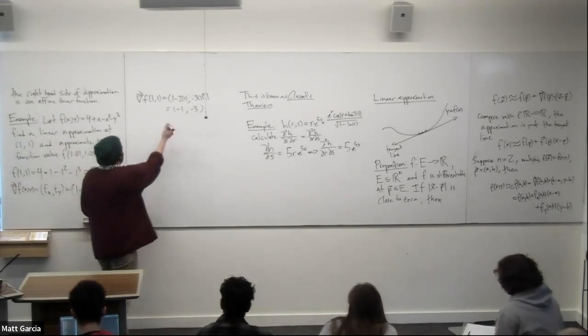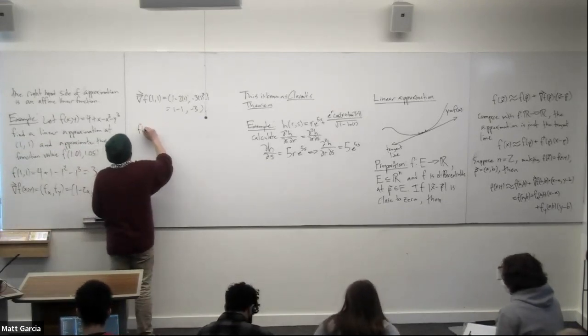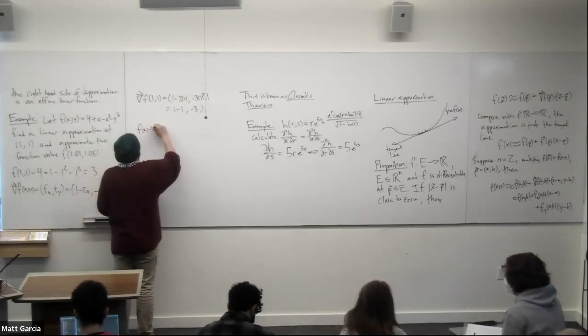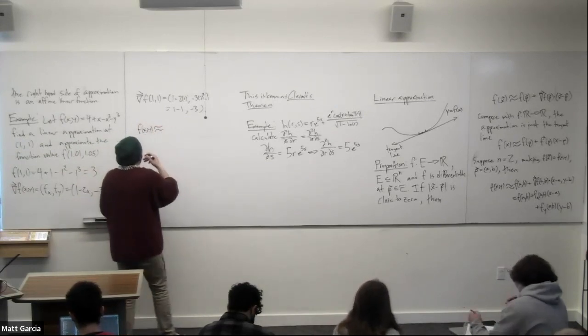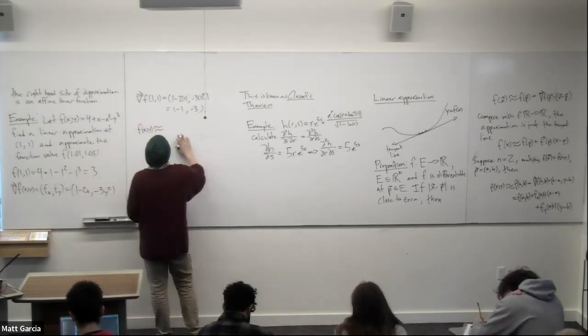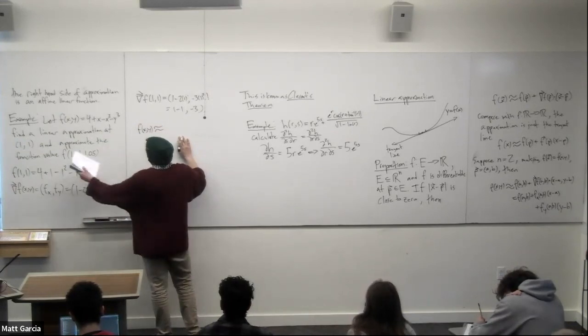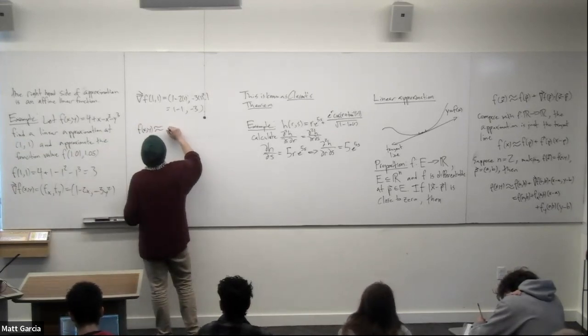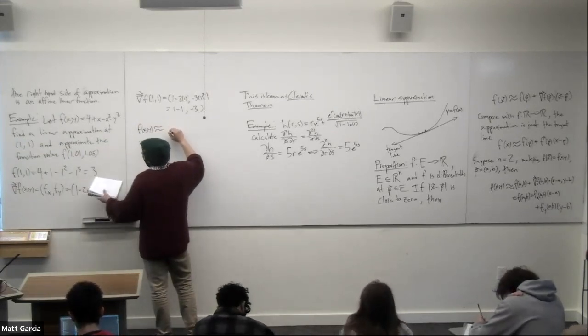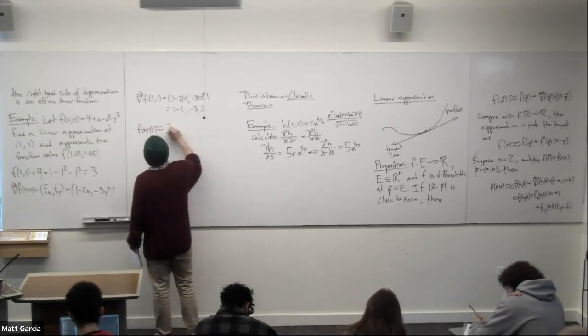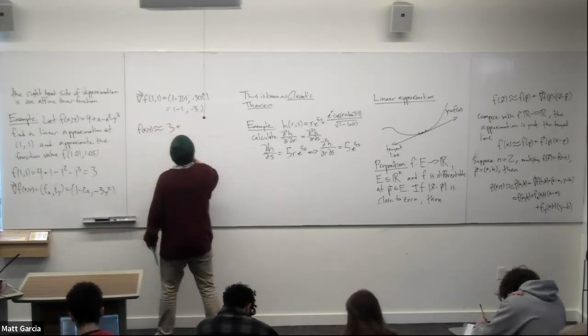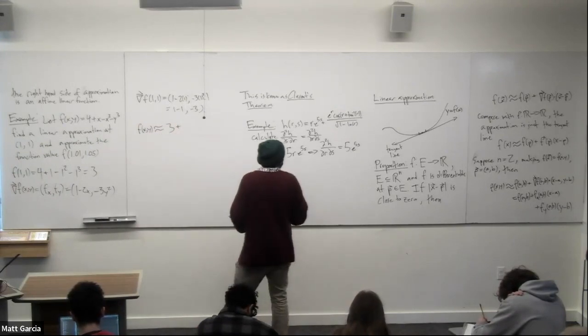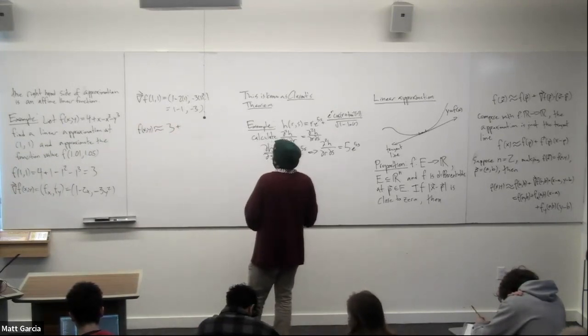Okay. So the value of f at points near 1 comma 1 is given approximately by f evaluated at our point, which is just 3, plus the partial derivative of f with respect to x evaluated at 1 comma 1.